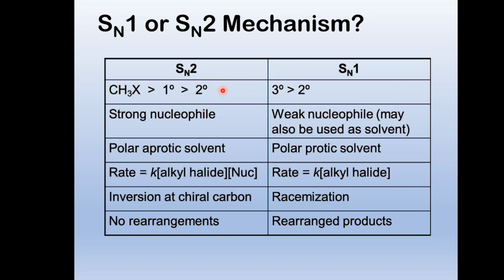Earlier slide had a double inequality saying it doesn't happen with tertiary. But we make this prediction by knowing whether it's a strong nucleophile or not. If it's a weak nucleophile, it does unimolecular nucleophilic substitution. And many times the nucleophile may also be used as the solvent. That's what we call a solvolysis reaction.